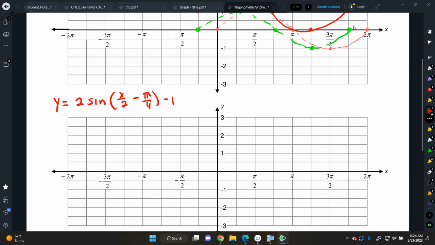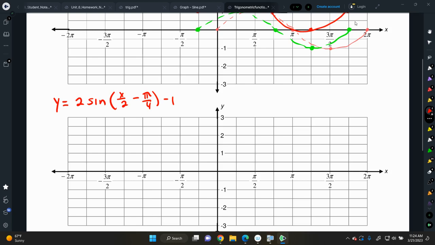What's the 2 in front doing? It's changing the amplitude, right? It's going to make it taller. What's the pi over 4 doing? Shifting it to the right. It's always the opposite inside the parentheses. What's the minus 1 doing? Shifting it down. So this is a curve that's taller, shifted to the right and down.